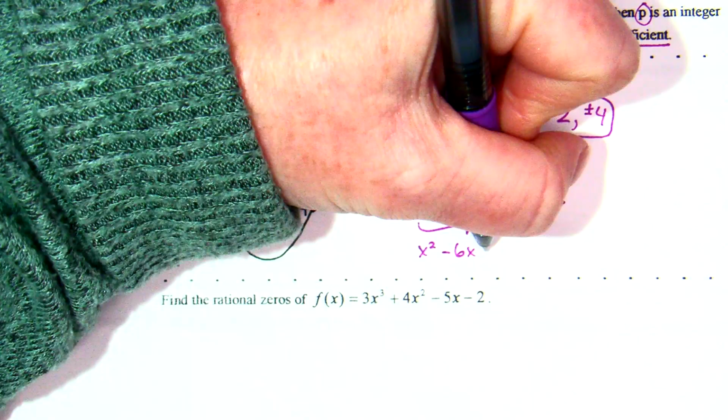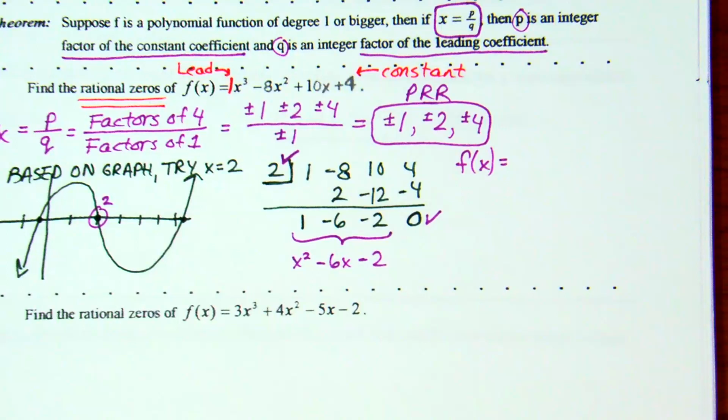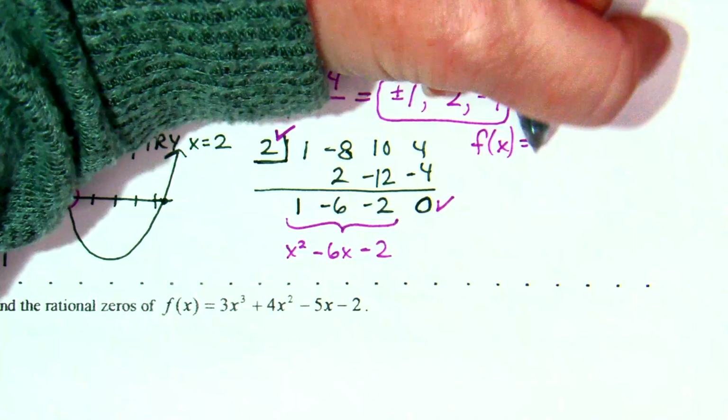So if we look at this function in a factored form, which is my last step here, first of all, we know one factor is based on a 0 of 2. Yes? We know there's a 0 of 2, so one of my factors is x minus 2 at this point. What's the other factor?